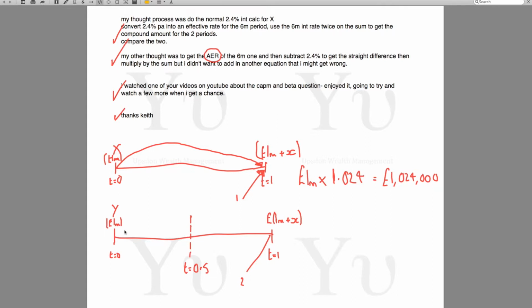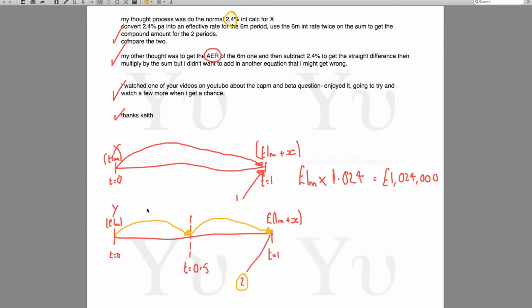So we have 2.4% paid twice in 1 year. What I mean by that is that we invest at time equals 0. When time equals 0.5, we get interest. And then from 0.5 to t equals 1, we get interest again.